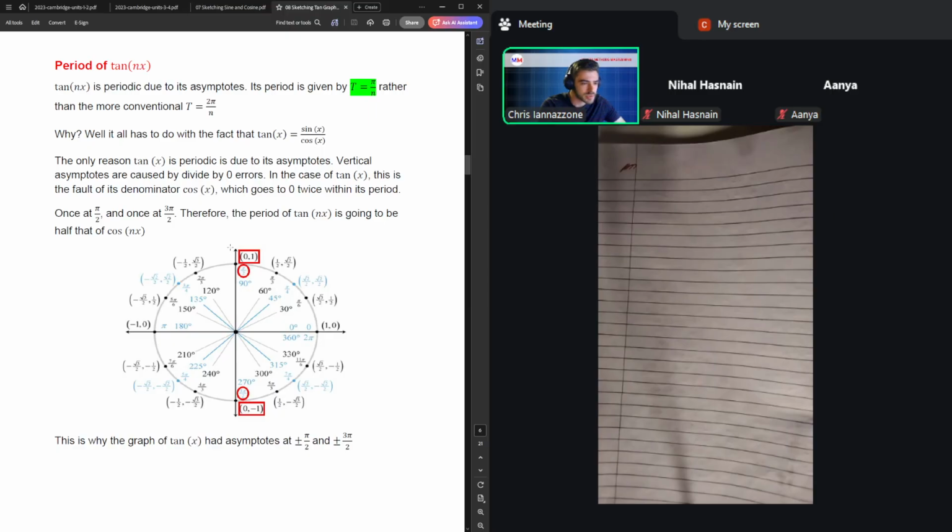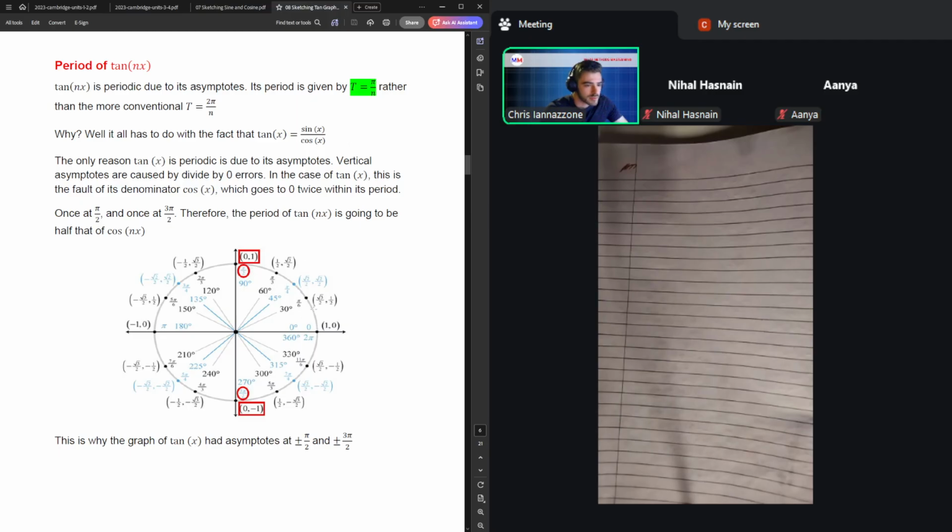So if you then go and discuss what gives rise to the asymptotes, you'll start realizing that there are 2 spots for any given revolution of the unit circle where you're going to get cos equals 0, right? Cos equals 0 meaning you hit an asymptote, you get a divide by 0 error.